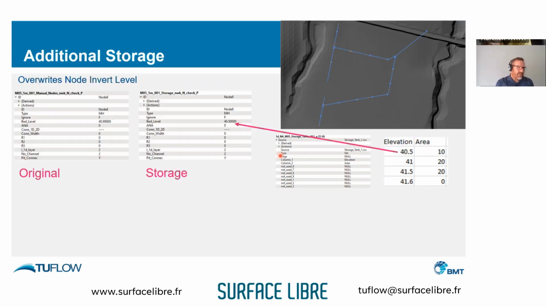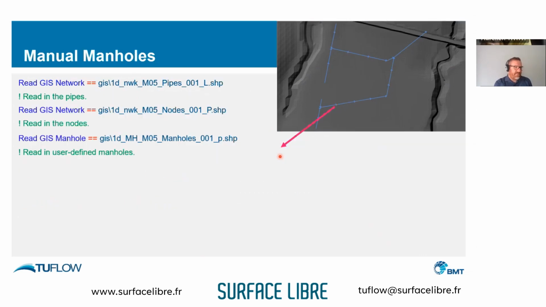Thank you. And just linked to this question for the storage, when you define the depth surface tables, do you have to put like at the top of the storage a Priestman slot? No, you won't.